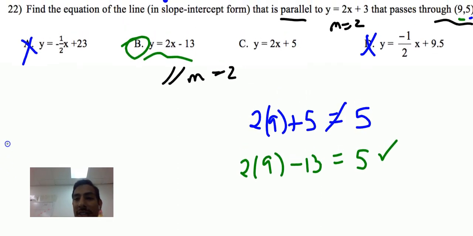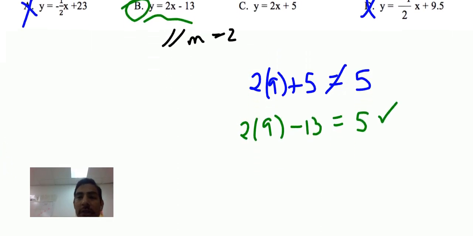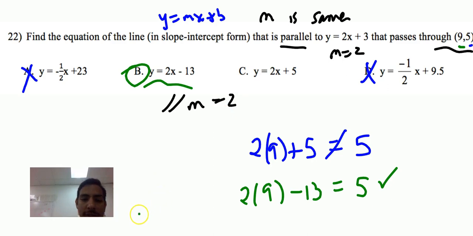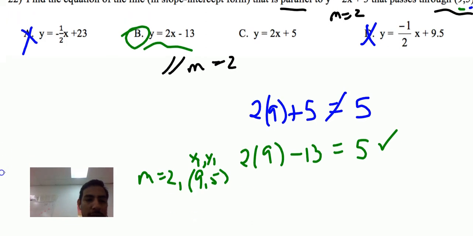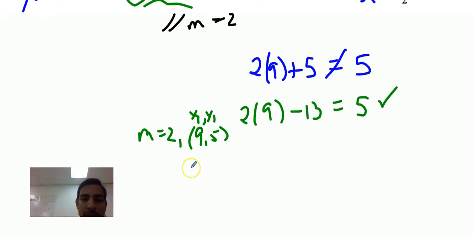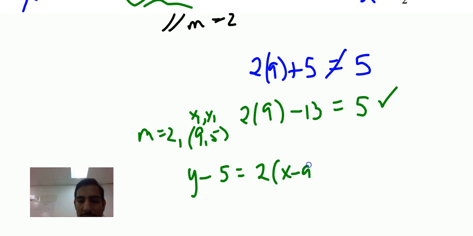If I wanted to actually get the answer on my own, I would do the following. The slope is 2 that I need. The point is 9, 5, which is x1 and y1. I always am going to default to point slope form of a line. So I'm going to go ahead and do y minus y1, which is 5, is equal to 2 parentheses x minus 9.